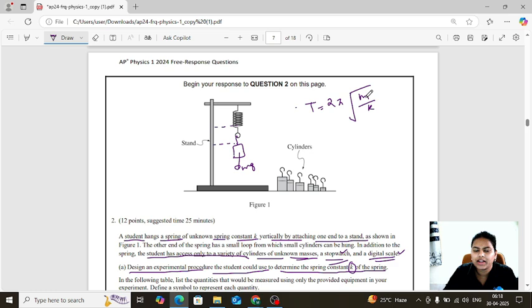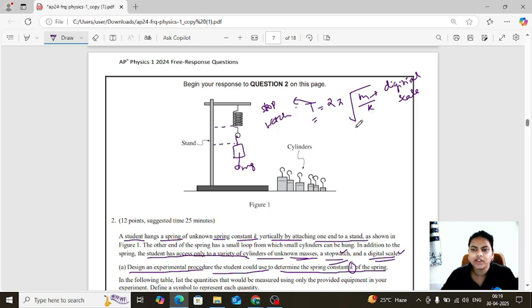M is the mass, k is the spring constant and T is the period. With a stopwatch we can measure the time for one oscillation, two oscillations, or three oscillations. Measure this with the stopwatch. The mass we can measure with the digital scale, and the time with the stopwatch. Since 2 pi is constant, we can find k.